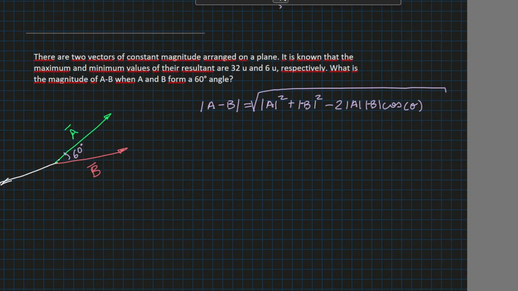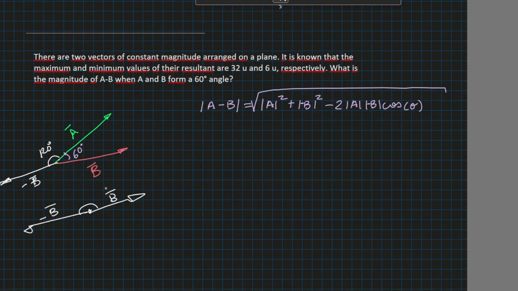Yeah, this one is minus B. So the angle between these two vectors A and minus B is 120 degrees, because 120 plus 60 degrees is 180 degrees, because as I said before, the vector minus B and the vector B form an angle of 180.